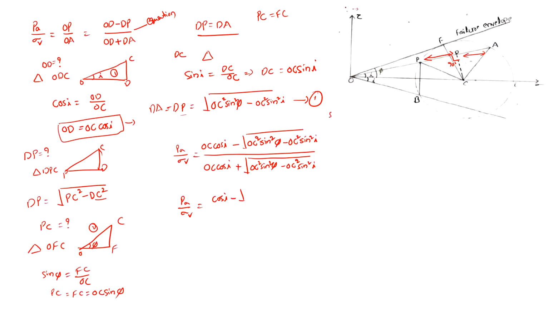So instead of sine square phi, I will write sine square phi is equal to 1 minus cos square phi.